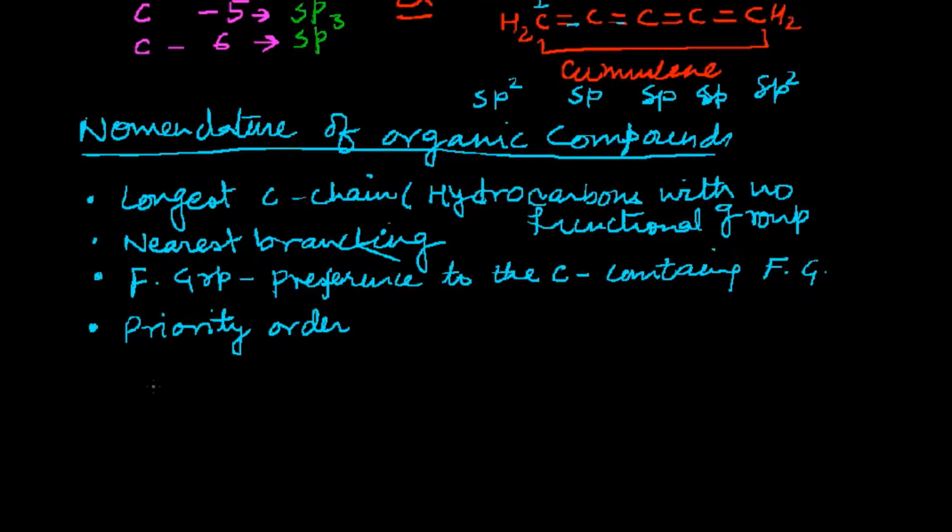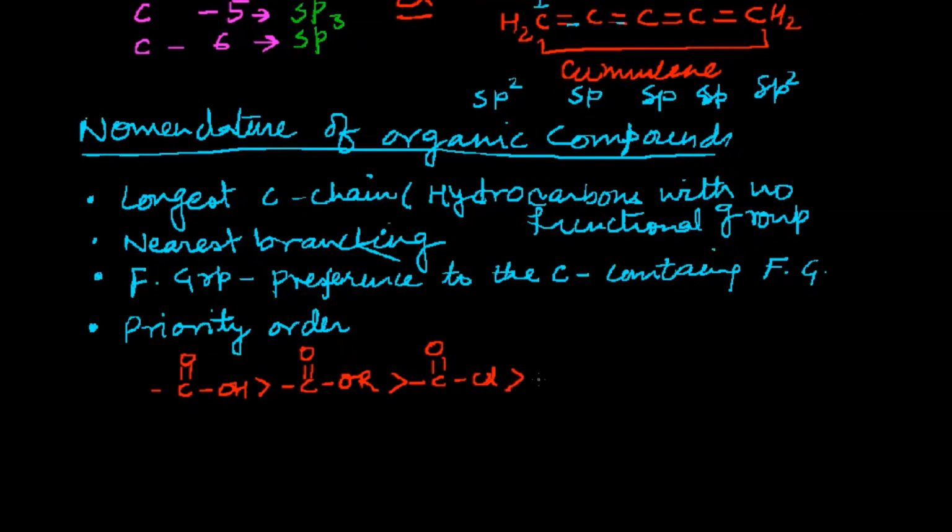The very first is COOH, that is called carboxylic acid. Then esters, like C double bond O, OR. Then COCl, called carbonyl chloride.